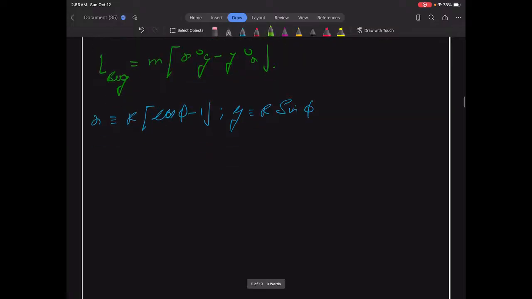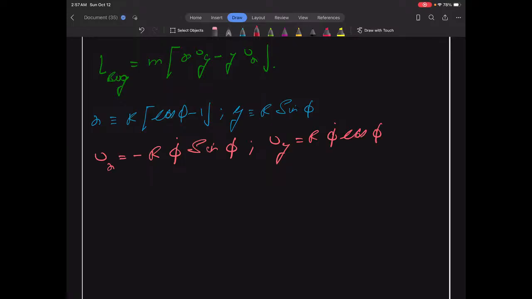And we can write that our velocity in x direction will be equal to minus R phi dot sin of phi, and in y direction it will be R phi dot cos of phi.